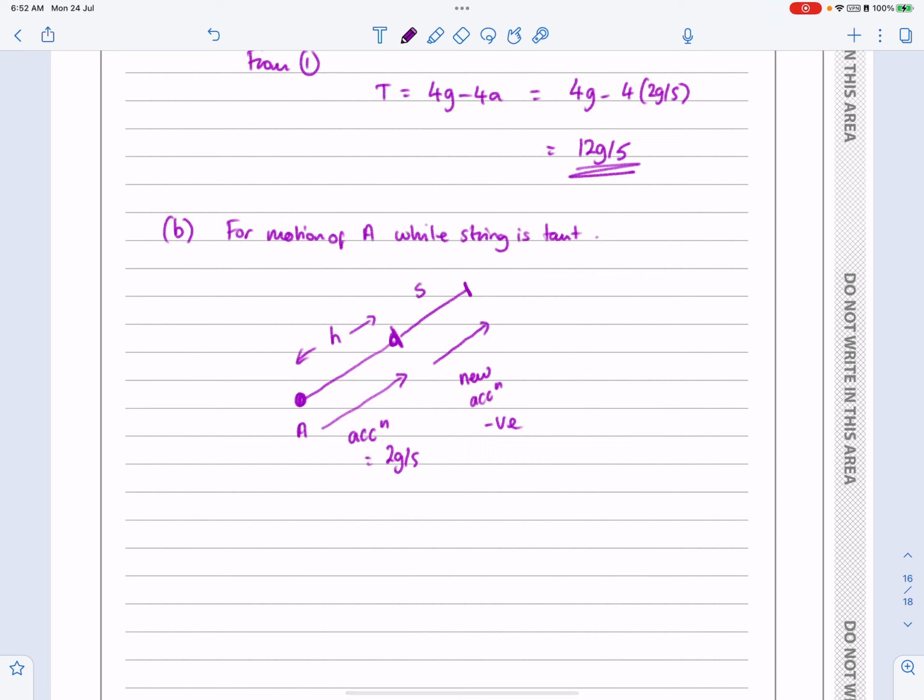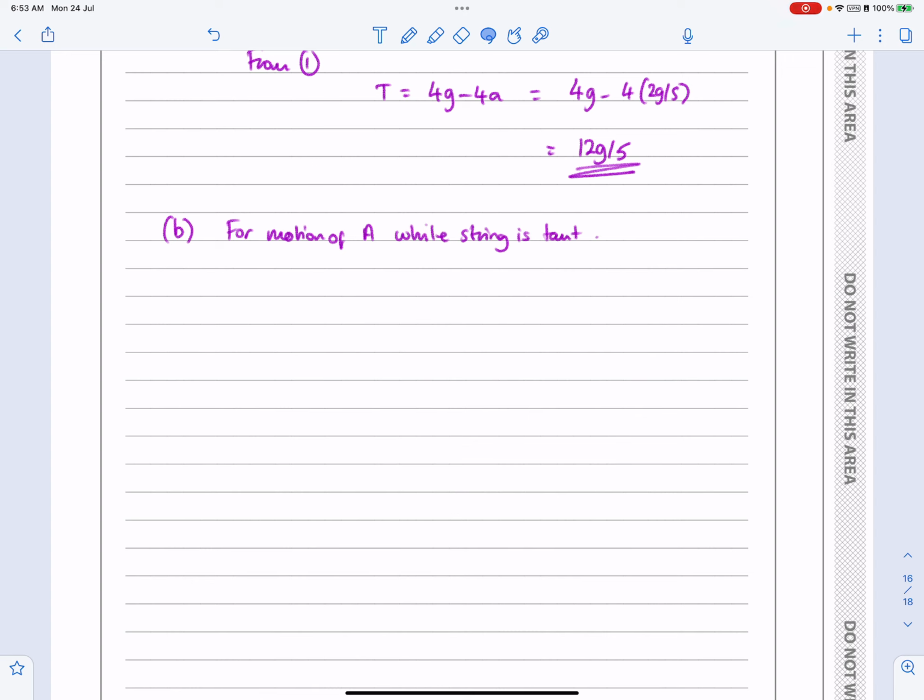We know it's going to do a new distance there, but the one thing that is going to be constant here is that the final velocity of that motion will be the initial velocity at this point. This v here is going to be the same as this u here for my new motion. So hopefully that makes a little bit of sense to you. Let's just go ahead and do that.